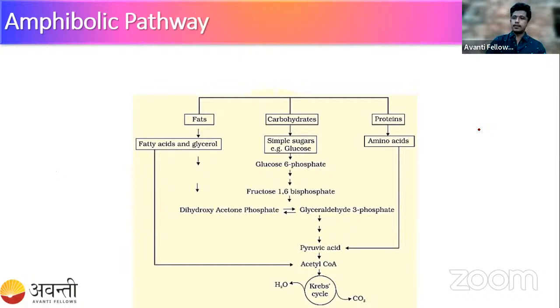Okay. See, if I take all the living organisms in this living world, we know that carbohydrates are a very go-to material. We can call it a respiratory substrate. When I say substrate, substrates are the ingredients, or I can say the molecules or compounds, that are used for energy production during the process of respiration.